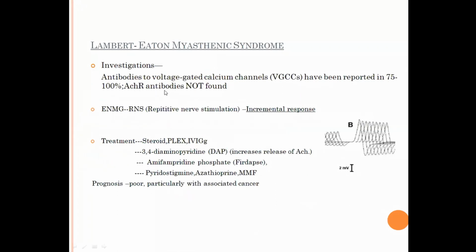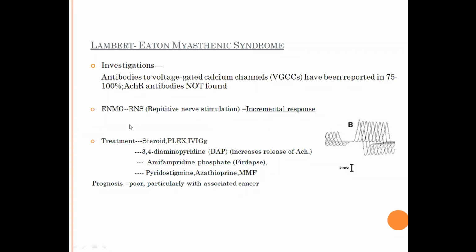The investigations will show that AChR antibodies are not found, but antibodies to voltage-gated calcium channels, VGCC, have been reported in about 75%. When you do repetitive nerve stimulation, you will find that the motor activity will increase. After some time, it gets fatigued. That means repetitive nerve stimulation causes an incremental response, whereas in myasthenia, it is a decremental response.